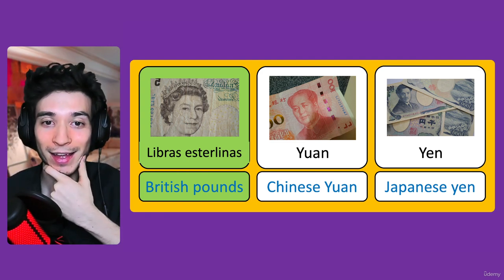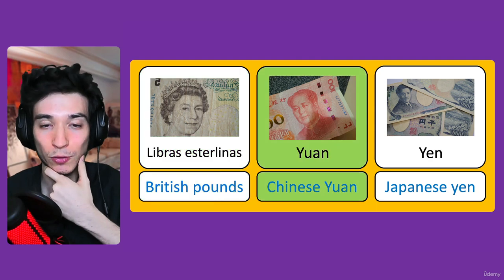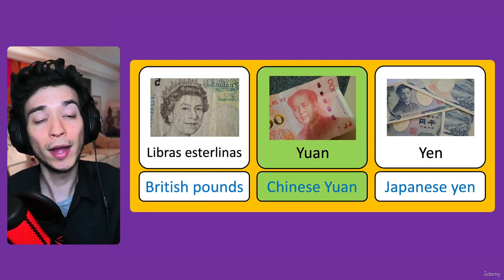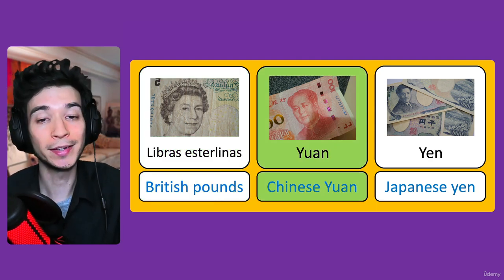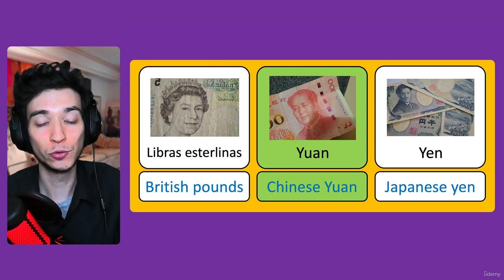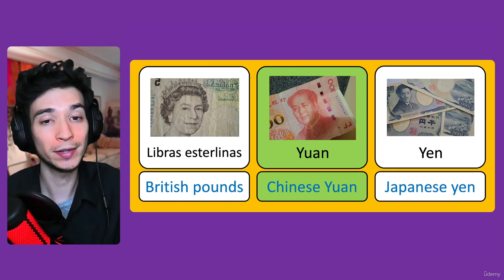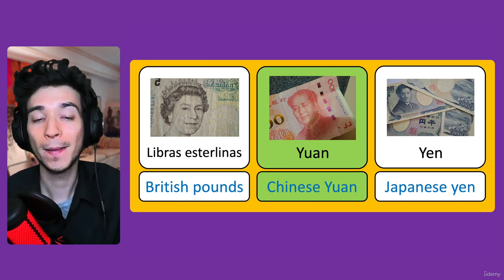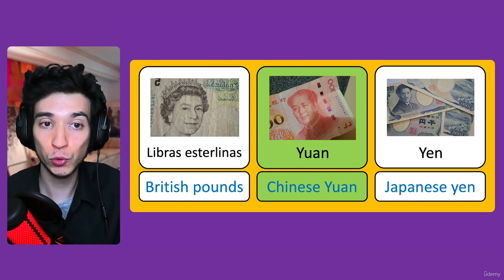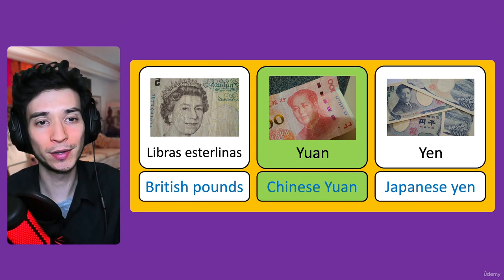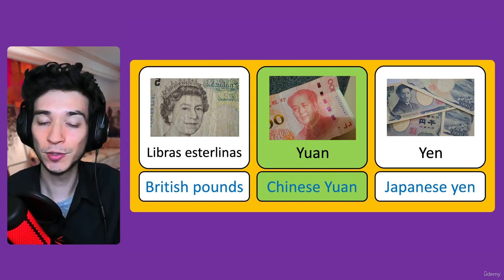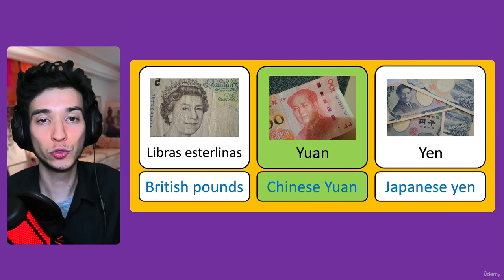Okay, and the next one, yuan. Yuan means the Chinese yuan. Yuan, el yuan, Chinese yuan. So for Chinese money, other people call them RMB, but in Spanish you would probably say el yuan chino, the Chinese yuan.